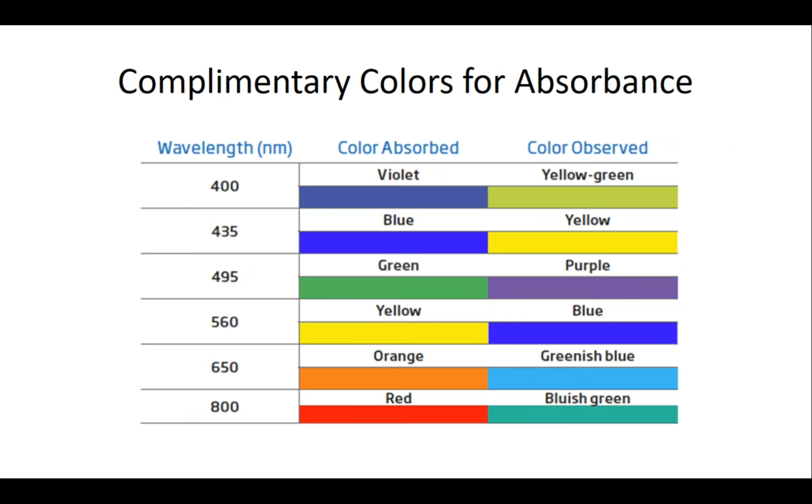If you see a yellow color, then the absorbed color is blue. If you see a blue color, then the absorbed color is yellow. Each and every color has its complementary color for absorption, so the color observed is not the color absorbed. If you see purple, then it absorbs green, hence we are able to see purple. So these are the different observed colors and their complementary absorbed colors.